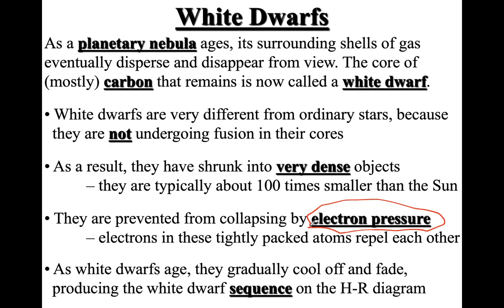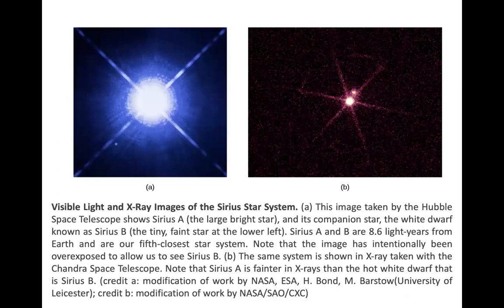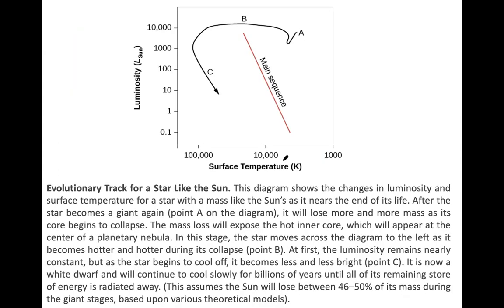And in terms of the HR diagram, at the end this will produce a sequence of white dwarfs. Right? Now this is what happens after it leaves the main sequence, and I have mentioned here what happens for these particular stars.